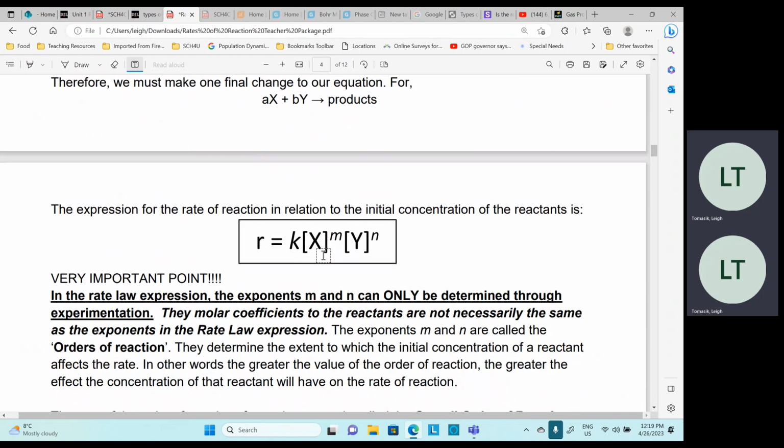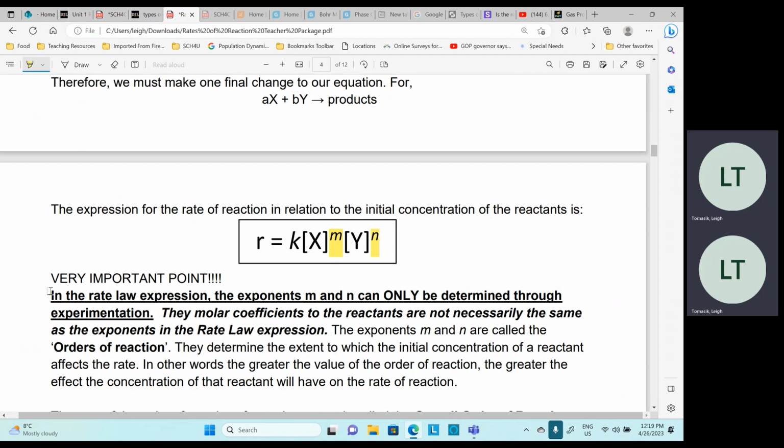Okay, so each reactant is going to have a corresponding exponent that shows us how much increasing the concentration will affect the overall rate. Okay, so we have to add exponents. The idea that different chemicals might have different effects on the rate is represented by these exponents.